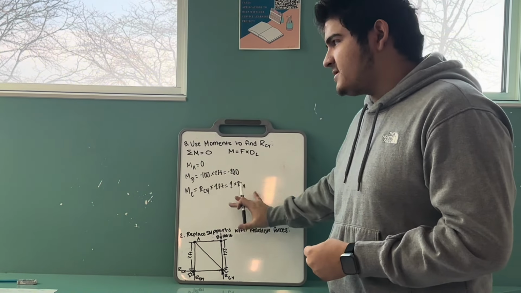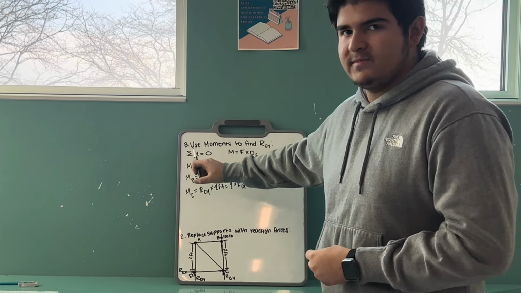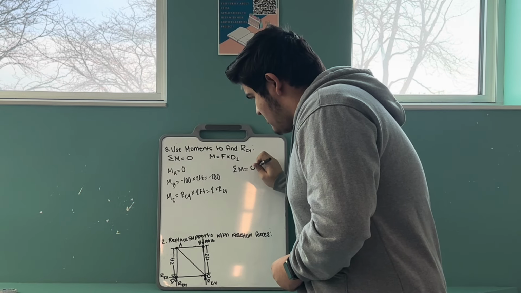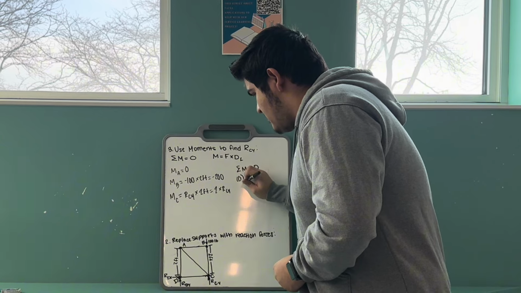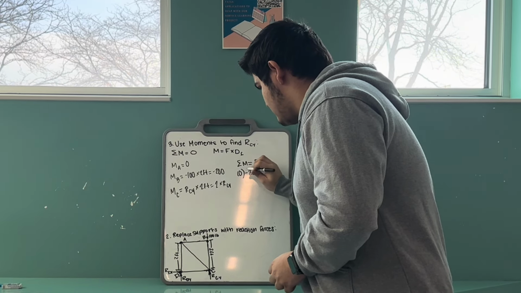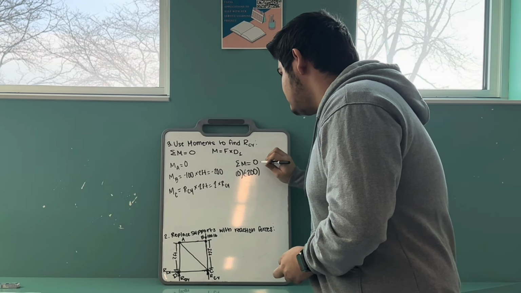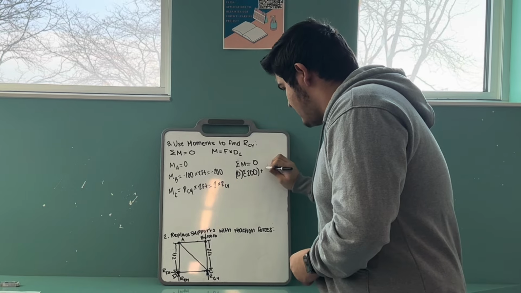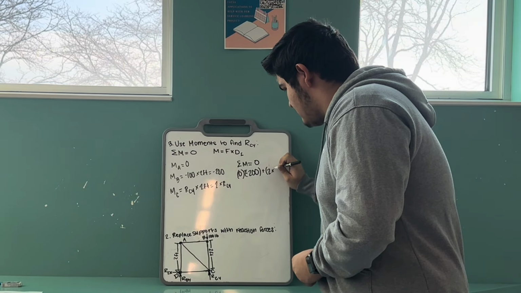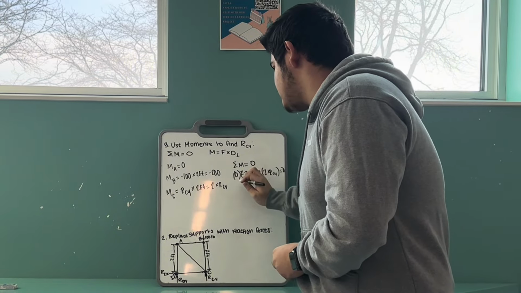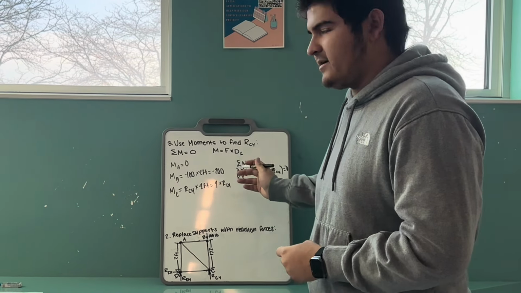Now we can add all these moments together using the sum of the moments equation, which equals 0. We can get rid of the joint A term because it's obviously 0.